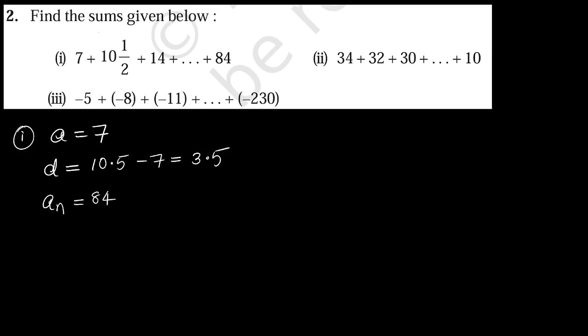But I have to find n. We have a formula for the nth term. We studied that already. Nth term is a plus n minus 1 into d. What is a? a is 7. Plus n minus 1 into d. What is d? 3.5.